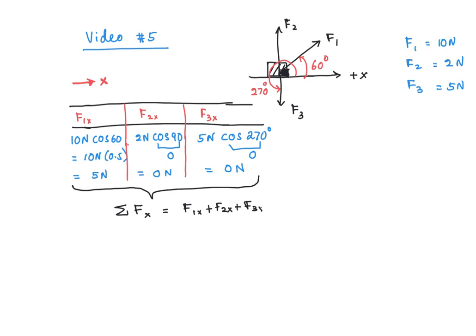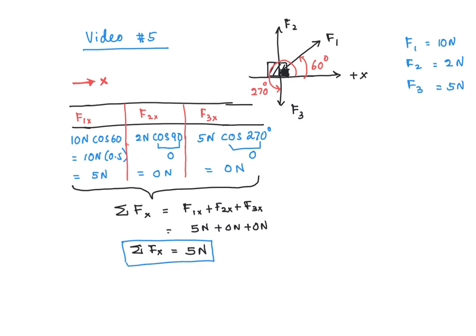I am repeating F1x, F2x, F3x, rewriting it on a line, and now I am going to substitute for those, and here you have 5 newtons, 0 newtons and 0 newtons, and the sum of Fx is going to be 5 newtons. And that is the net force along the x direction.